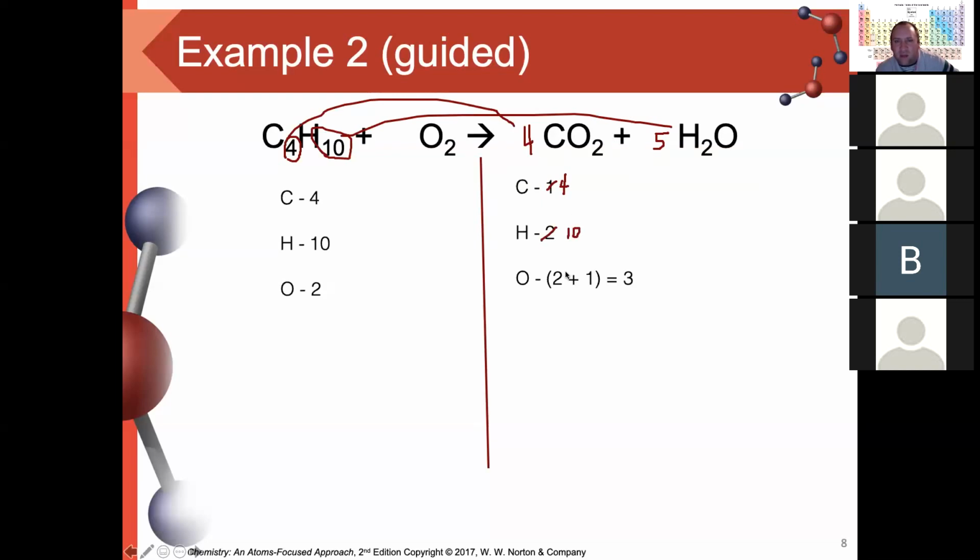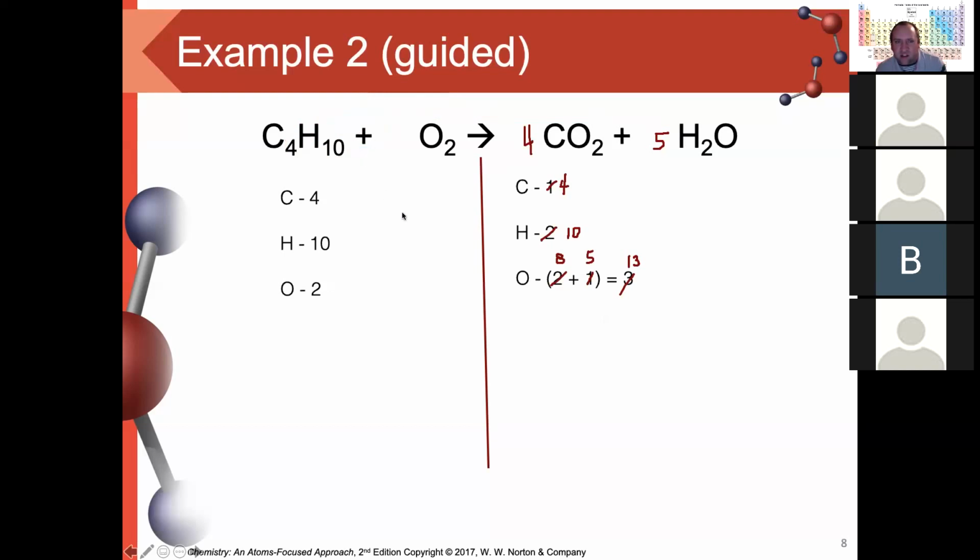And 4 times 2 is 8 for the carbon. 5 times 1 is 5 for the other oxygen here. 8 plus 5 now gives me 13 oxygens. So I've got the carbons balanced. I've got the hydrogens balanced.